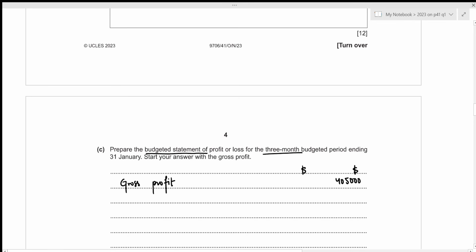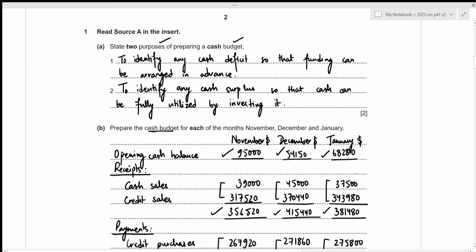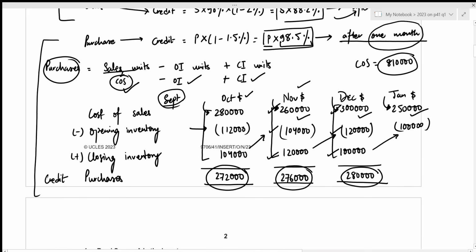Now, the next step would be to add any other income, right? And in this case, the income will be the discount received while making the purchases. And the purchases amounts for the months of October, November, December is right here. So we need to calculate the total of the purchases first. That's 272,000 plus 276,000 plus 280,000, which results in 828,000.